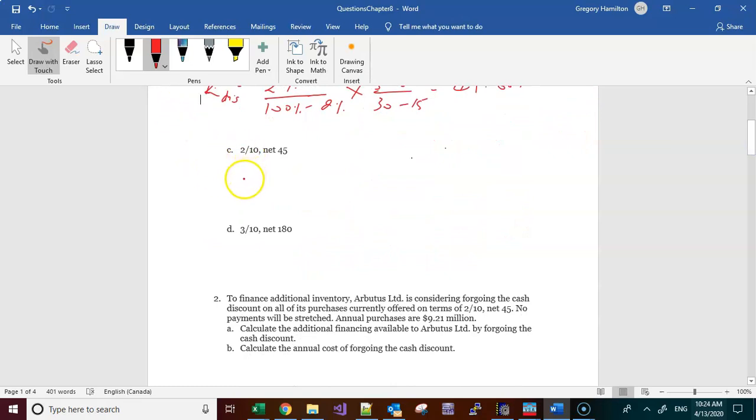So in C, you should be able by now to calculate what C is, and your answer should be 21.28%. And in D, your answer should be 6.64%.